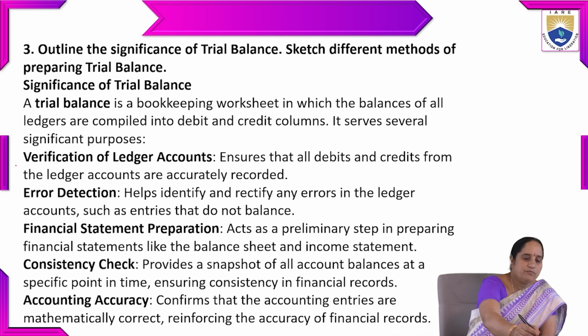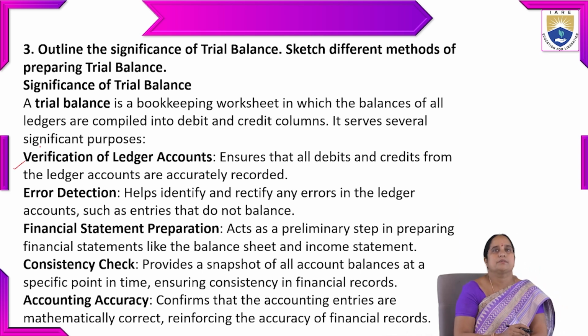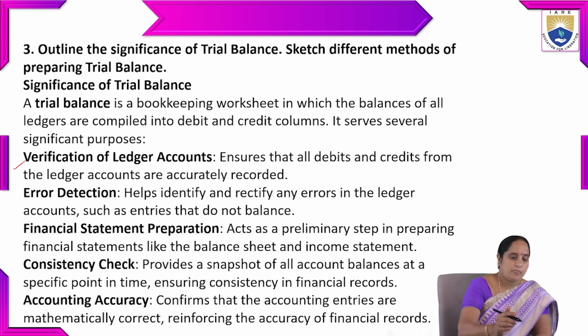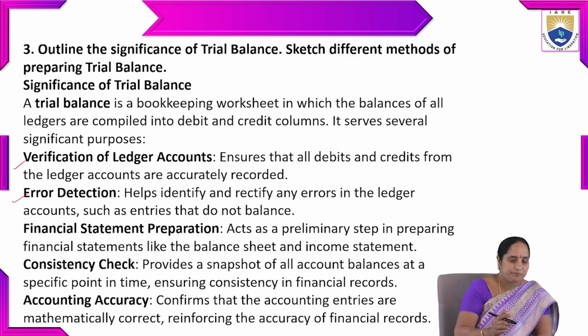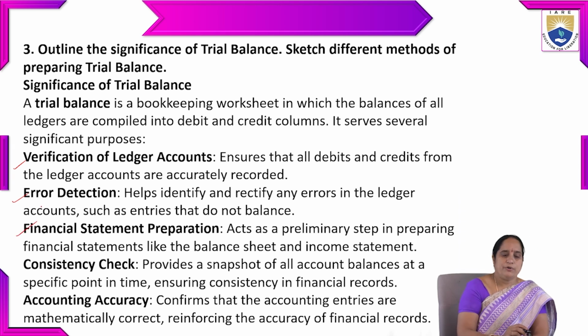The first one is verification of ledger accounts. It ensures that all debits and credits from the ledger accounts are accurately recorded. Next, error detection. It helps identify and rectify any errors in the ledger accounts, such as entries that do not balance. Then, financial statement preparation.